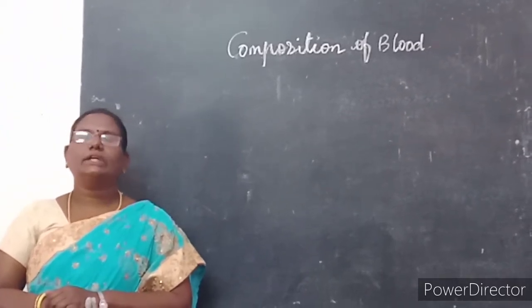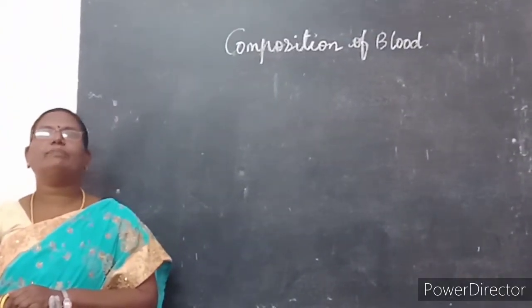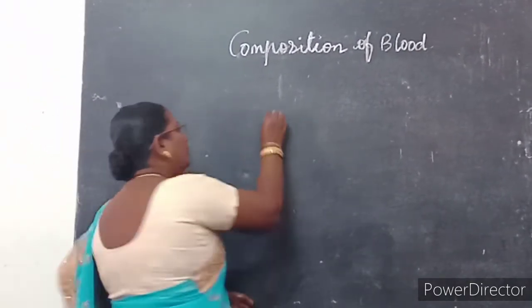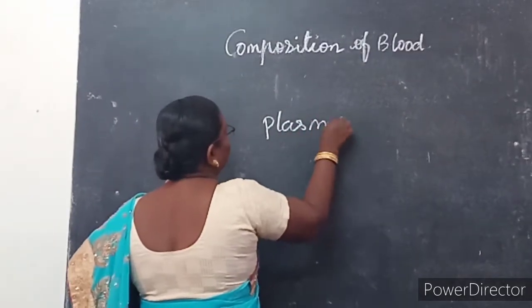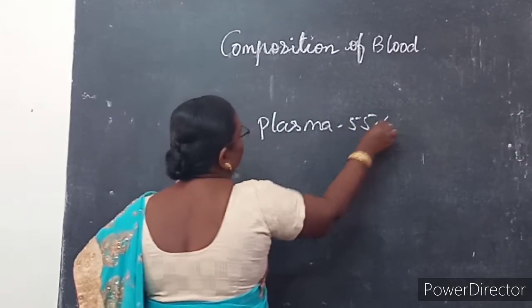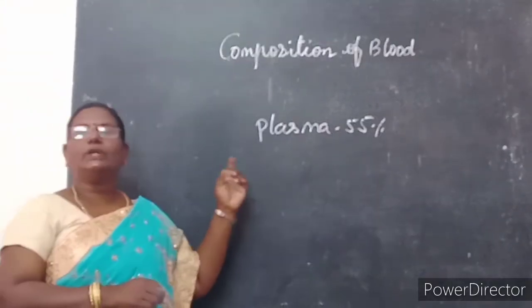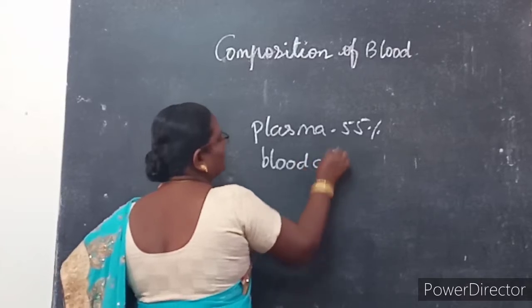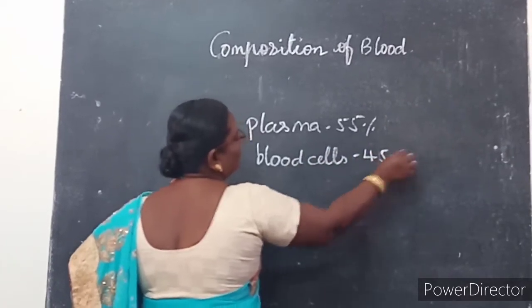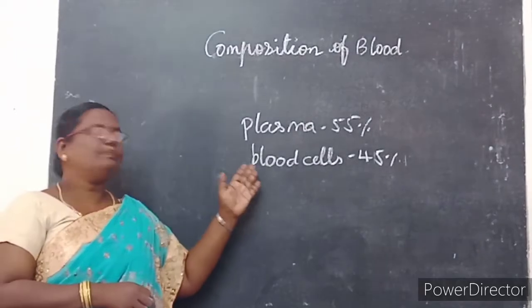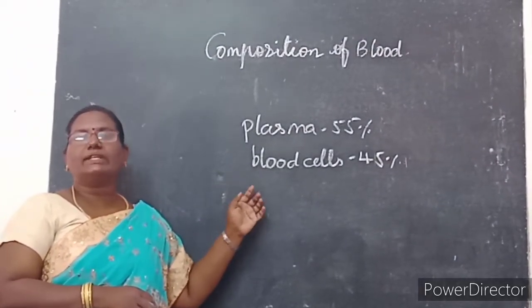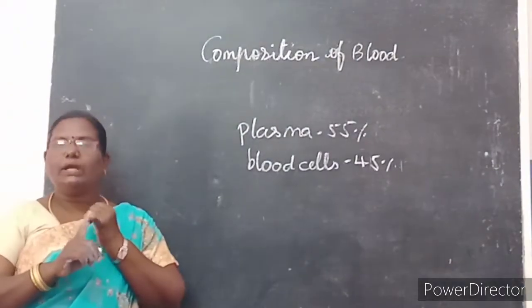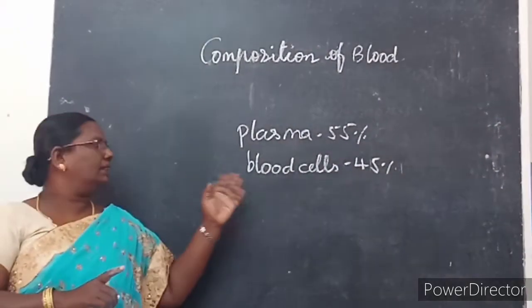Blood is a fluid connective tissue. The blood consists of plasma and the blood cells.